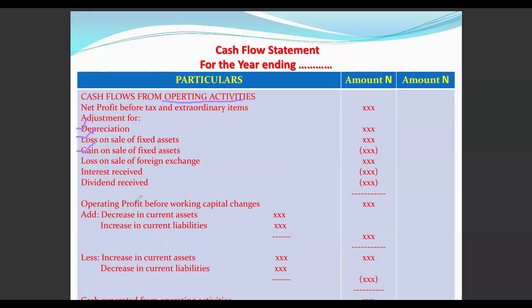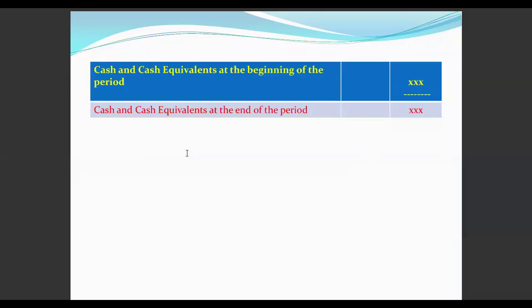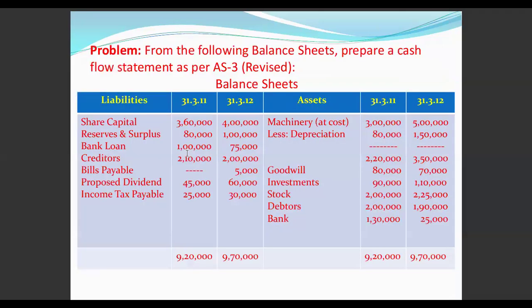After that, we have operating profit before working capital changes, and we find out the change in that, and it is added in cash flow. Then we have income tax paid and other expenses, which we have so far discussed. And then in the end, we have the cash flow statement.